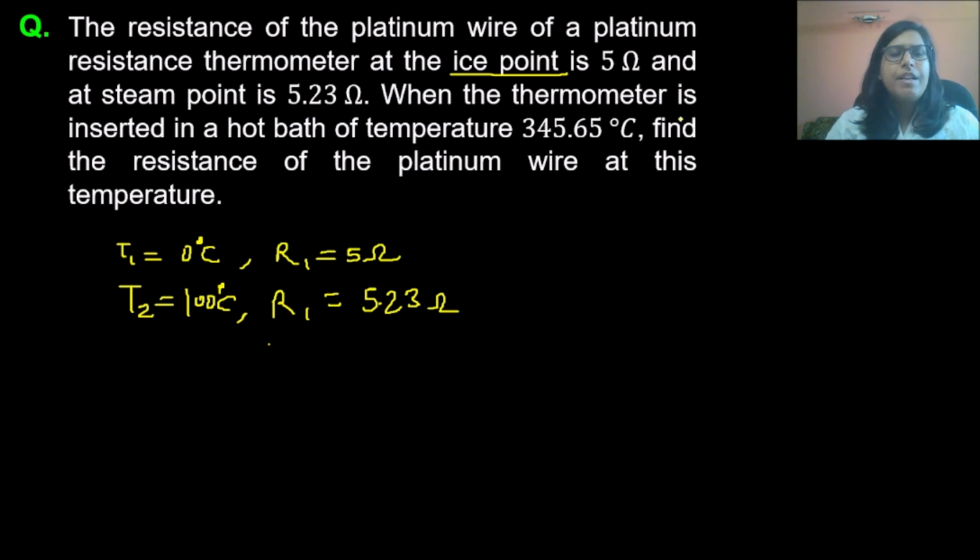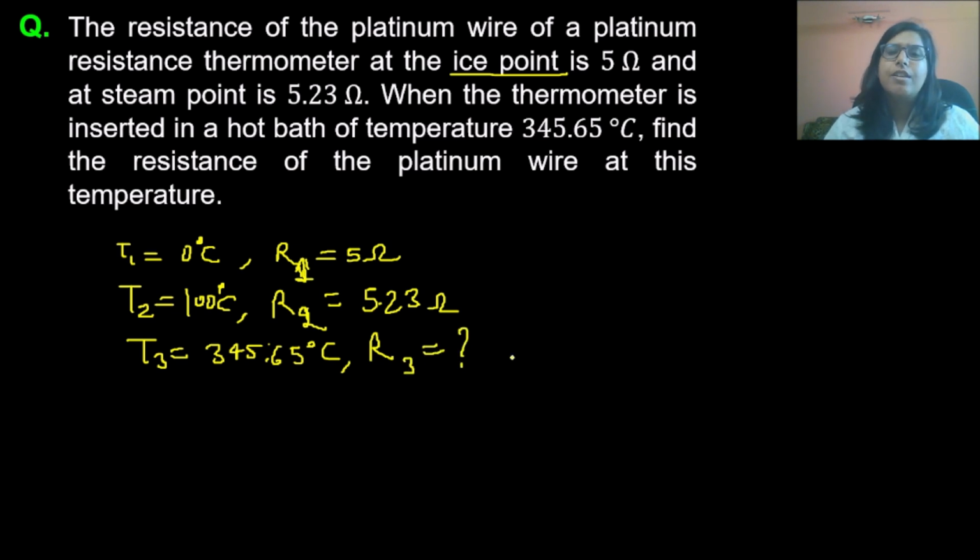When the thermometer is inserted in a hot bath of temperature 345.65 degree centigrade, find the resistance of the platinum wire at this temperature. Suppose these are R1, R2, and R3, which we have to calculate.